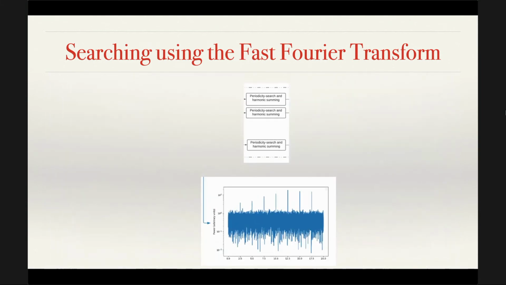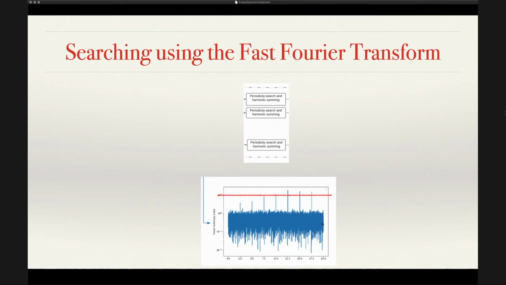And similarly to how we did it for finding single pulses in the time domain, we're going to do something similar in the frequency domain. So here we'll have a threshold which we'll determine based on the noise, so the noise in this region here, and then we'll put in a threshold. And anything above that threshold will become a candidate pulsar.